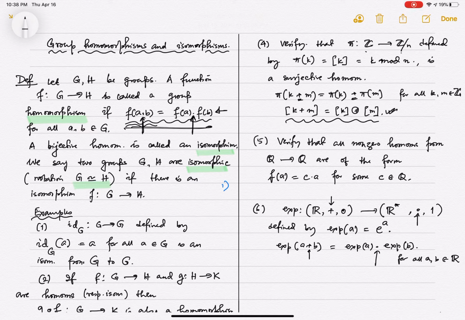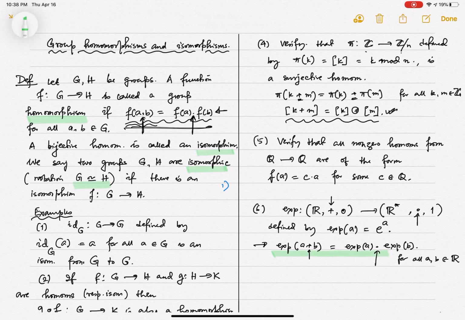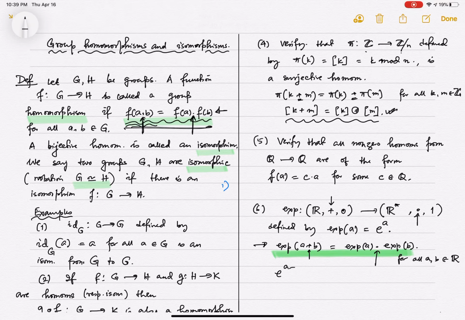It's the group law of the right-hand side group. This equation is the instance of that equation in our example. It says that this exponential map is a group homomorphism. So e to the a plus b is e to the a times e to the b.